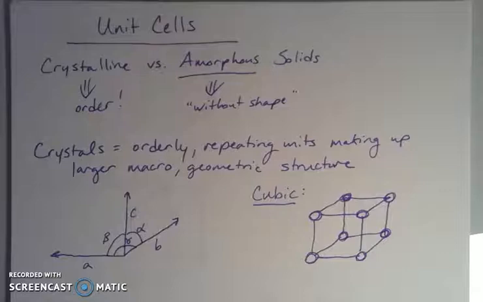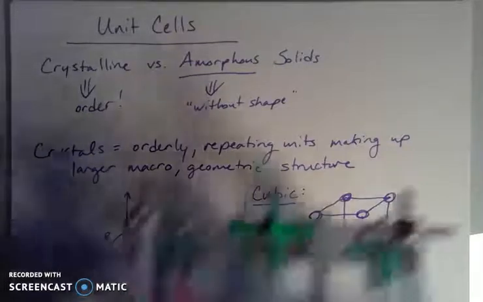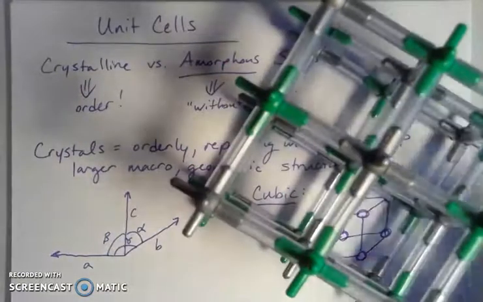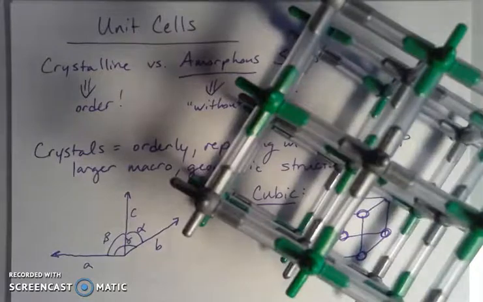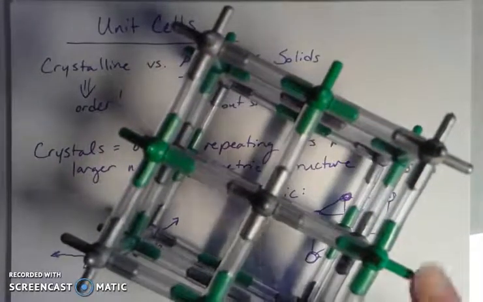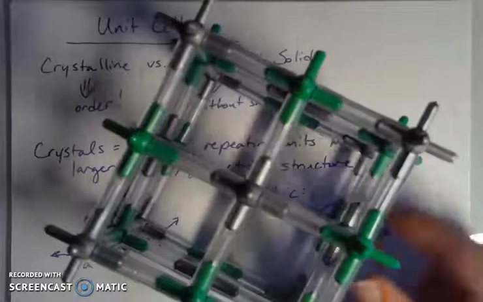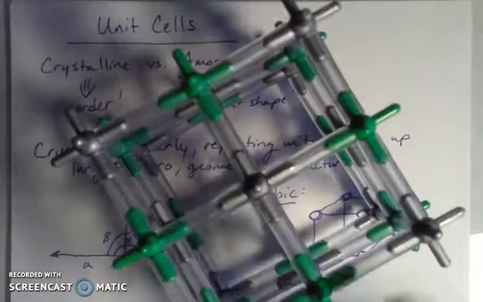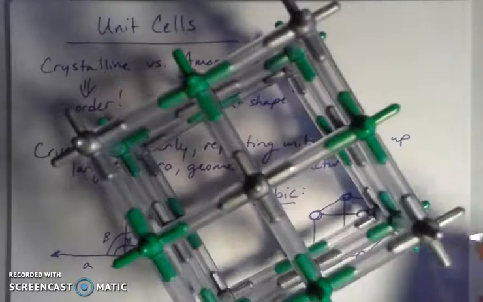And so the simplest of the unit cells is just a box, a cube, if you will. If we think about a big structure, I have a model here that you can see. This is a sodium chloride model. If I have different colors that represent different atoms, then we can see that there are atoms on each of the corners of my cube.